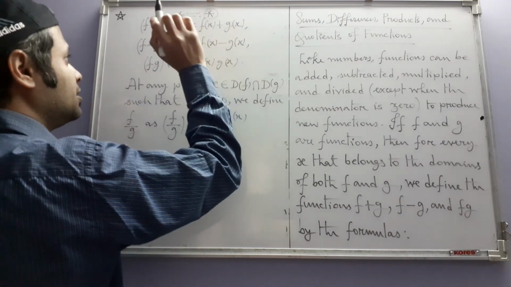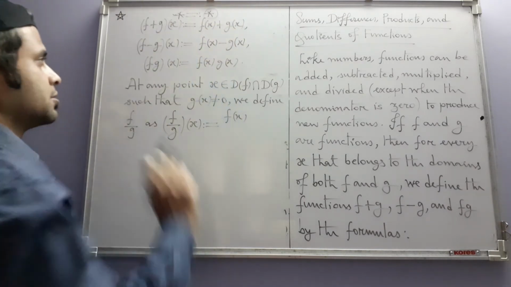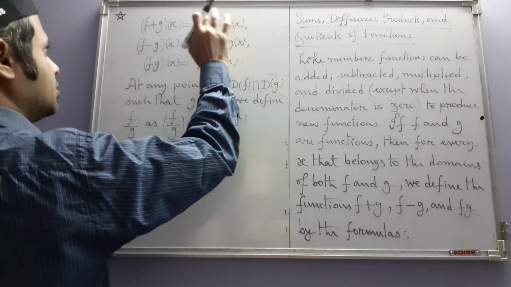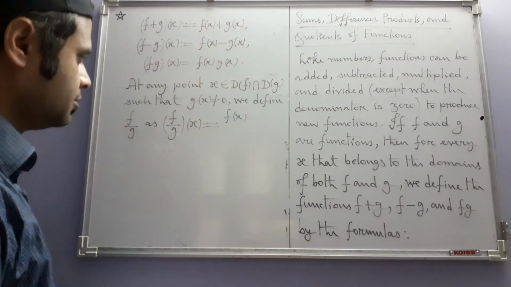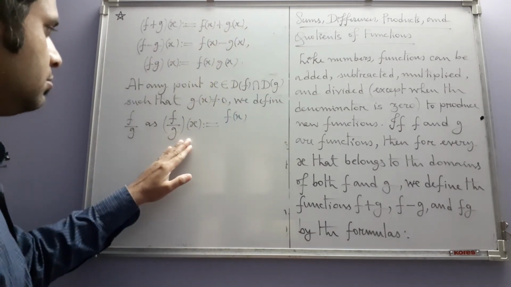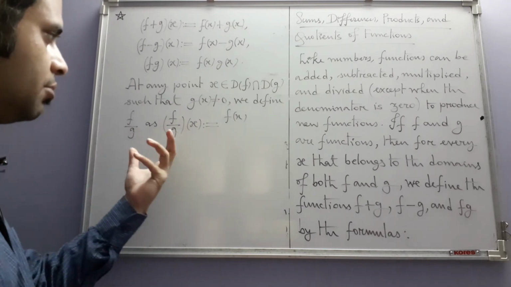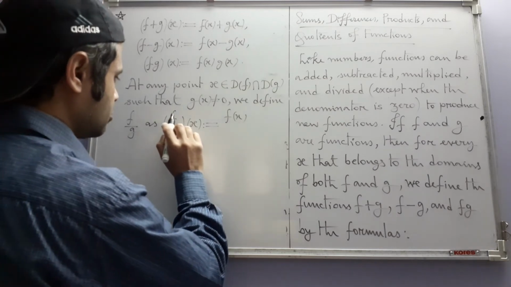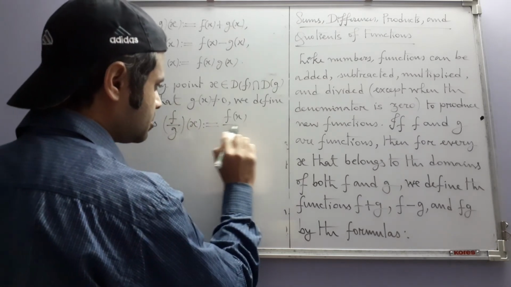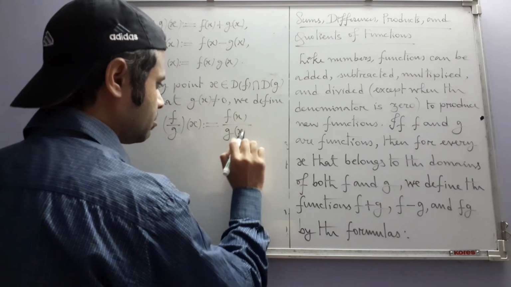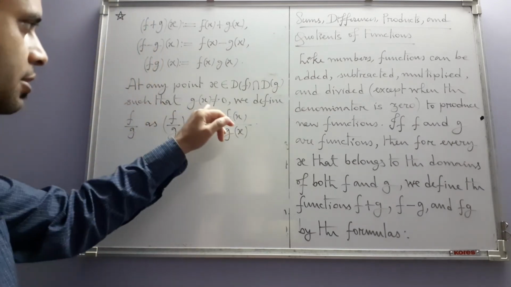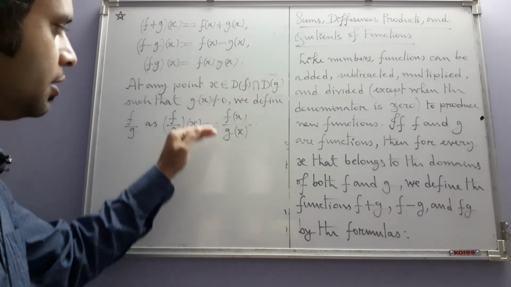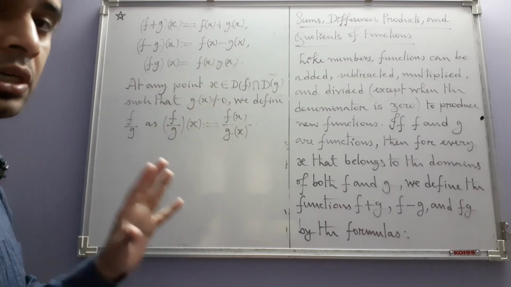This is the thing being defined and its meaning is this. So when you see an equation and you see a colon like this, you know what is the thing being defined and in terms of what it is being defined. So f by g at x means this. Since g of x is non-zero, this quotient makes sense. You can divide the real number f of x by g of x.